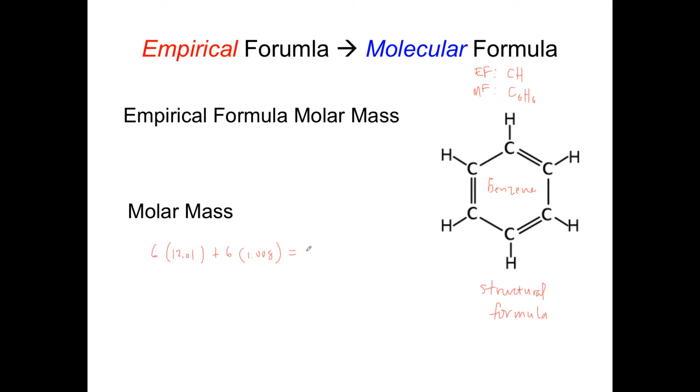And so let's calculate that. 6 times 1.008 is 6.048. 6 times 12.01 is 72.06. This looks like it's going to come out to be about 78.